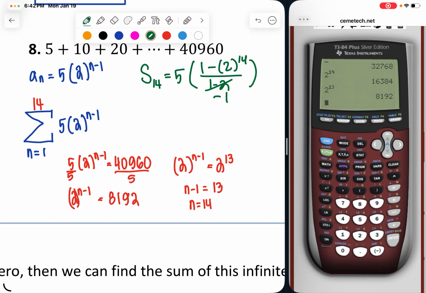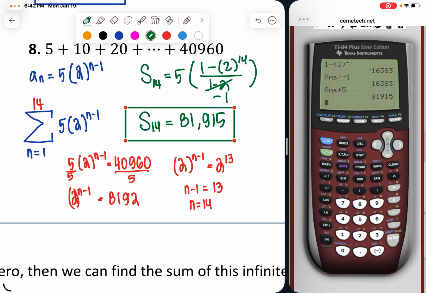It's a negative 1. So 1 minus 2 to the 14th, enter, divided by negative 1, enter, times 5. Enter. 81,915. So the sum of those 14 terms is 81,915. Love it.